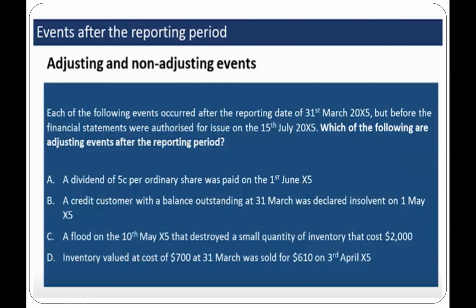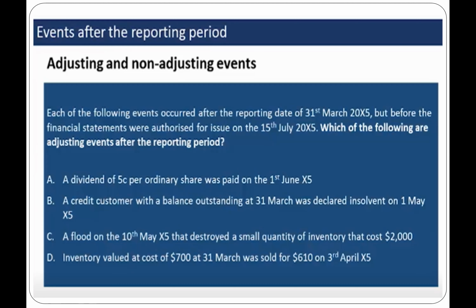So our year end, instead of 31 December, in this case, is 31 March 2015. And then our date of issue of financial statements to the public is 15 July. So there are things that happened between 31 March and 15 July. You are asked which of them are adjusting events.